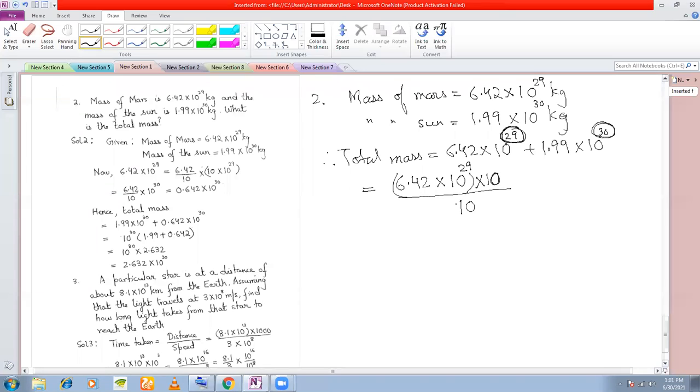Yes, sir. Okay. So now you write this as it is. Now what you do? 6.42 into 10 to the power of 29 plus 1 divided by 10 plus 1.99 into 10 to the power of 30.